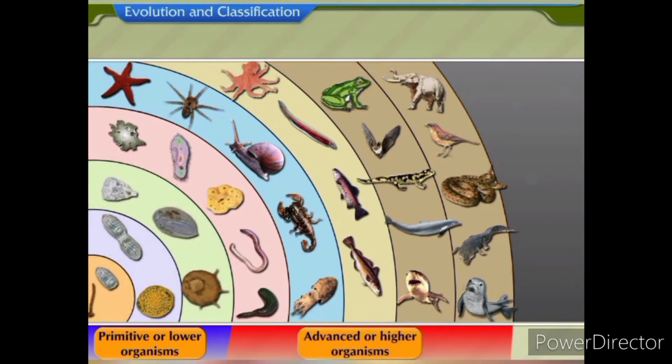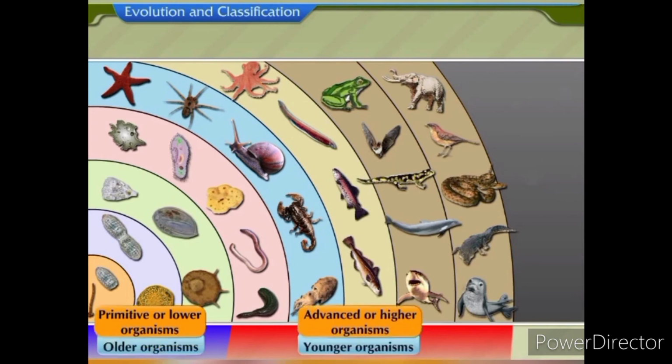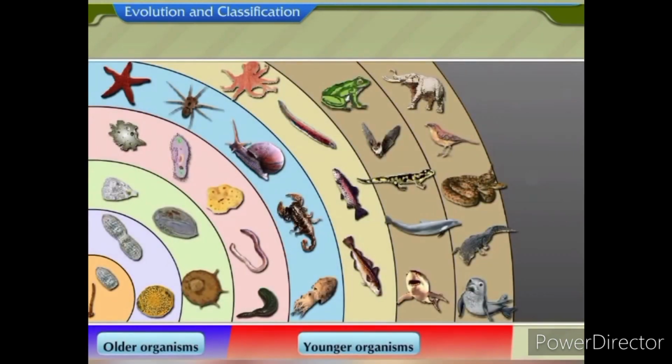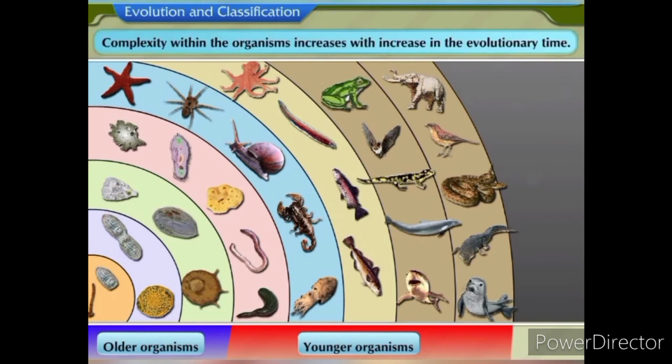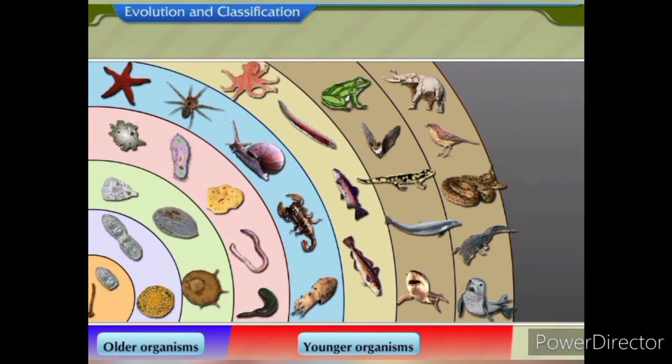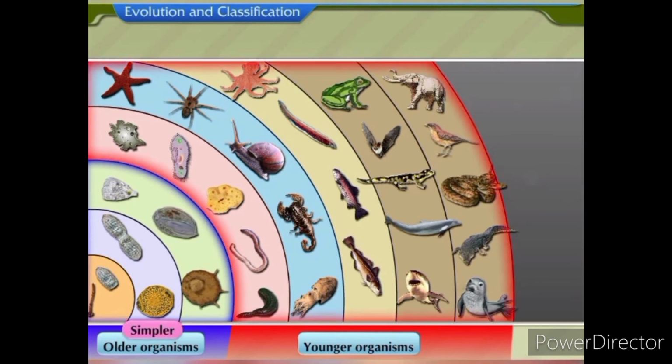However, these terms do not clearly reflect the evolution of these organisms, and hence we often refer to them as older and younger organisms respectively. There is a strong possibility that complexity within the organisms increases with increase in the evolutionary time. Hence, we can say that older organisms are simpler, while younger organisms are more complex.